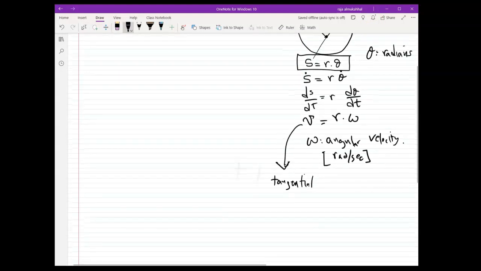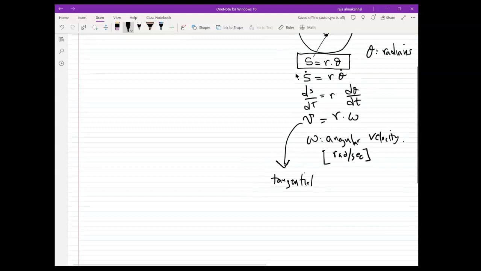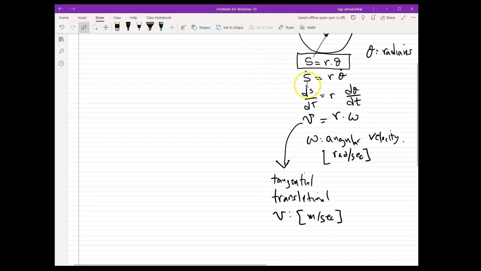So we call it tangential velocity or translational velocity. I'll tell you in a minute what that means. It's a regular velocity where the unit of it is meters per second. You got that? Okay.